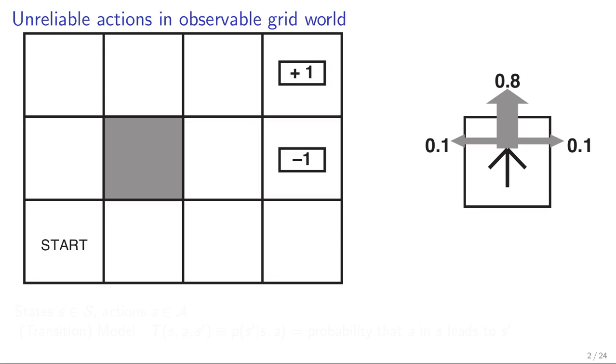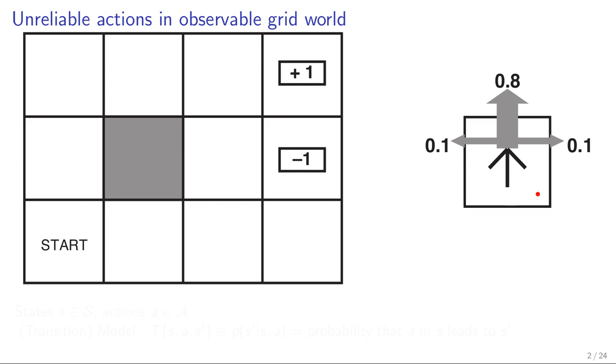As I always say, we are building up the complexity. At the beginning of the course, we were dealing with search problems. You would be asked to find the quickest, the shortest route, for example, from start to the +1, which in this case would be quite an easy task.